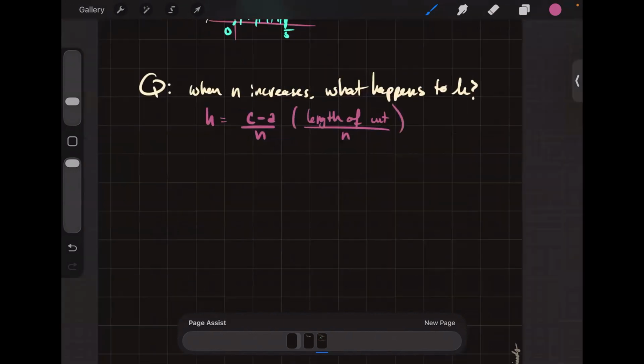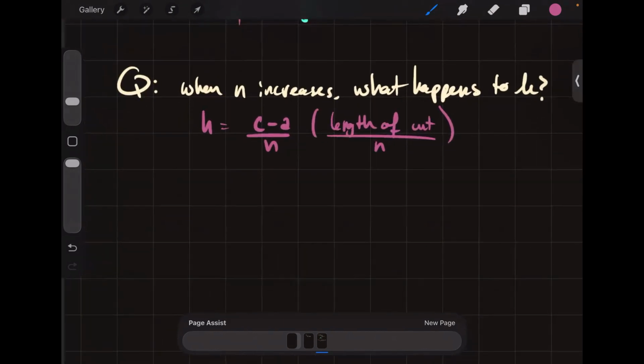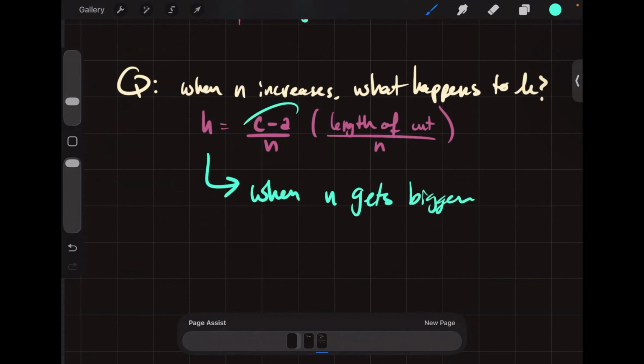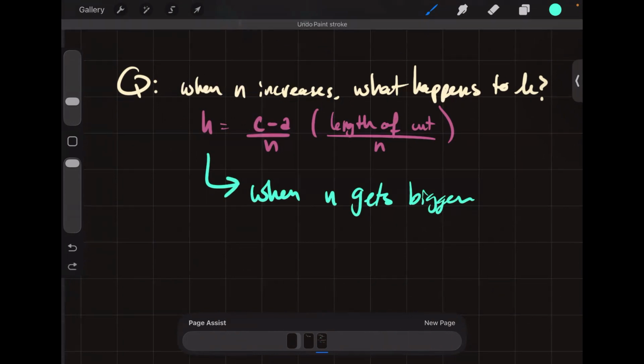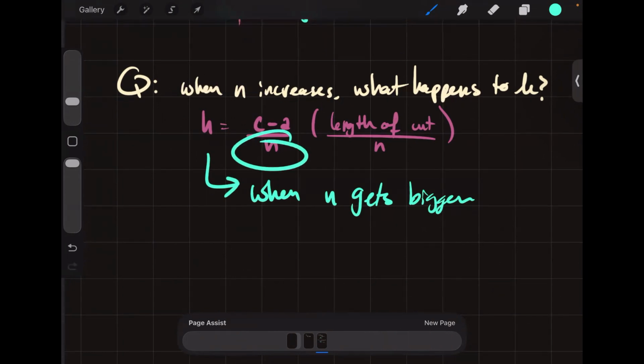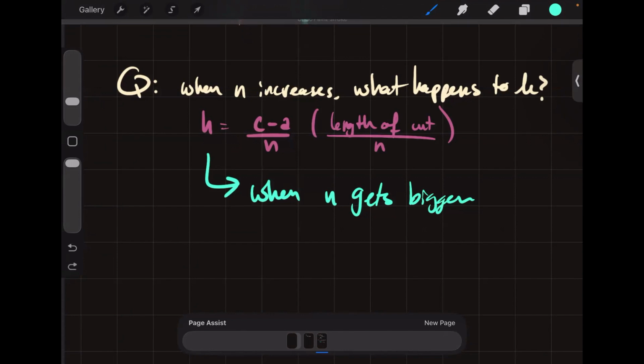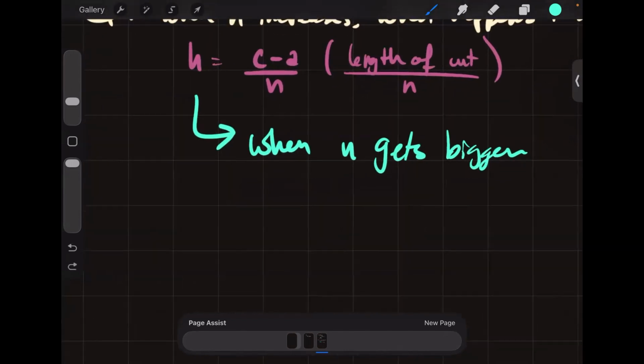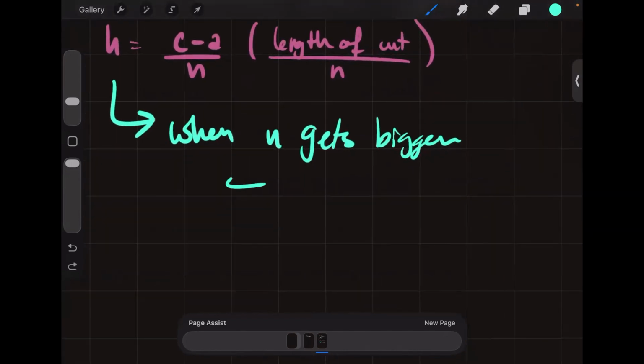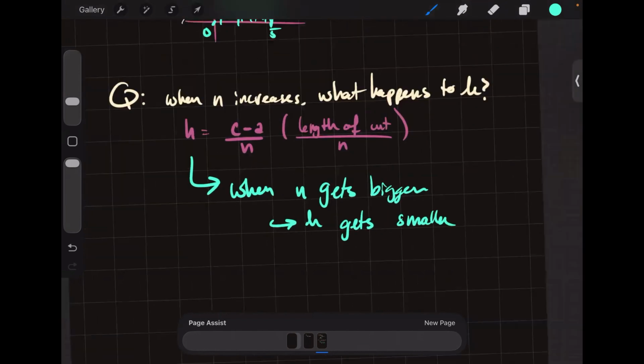Reasonably, when n increases, n gets bigger. c minus a is a constant. We're not changing that. So if you have a constant divided by a number and a constant divided by a bigger number, the output gets smaller. So when n gets bigger, h gets smaller.